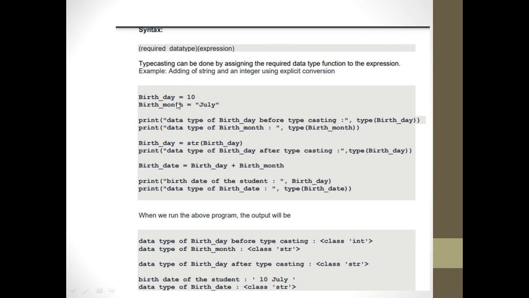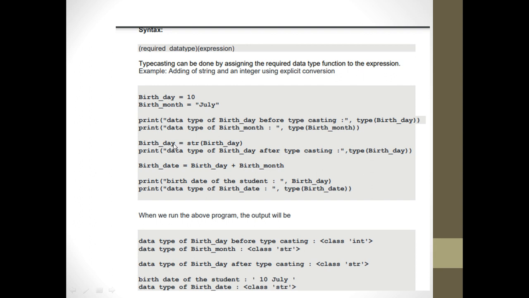So let us consider an example here. See, I specify the birthday as 10, birth month as July. So the type here, 10 is integer, July is string. Here what I will do is I will convert this day 10 to a string. So what did I do here? I said str of birthday. So now it has become a string, and that gets assigned to the variable birthday.